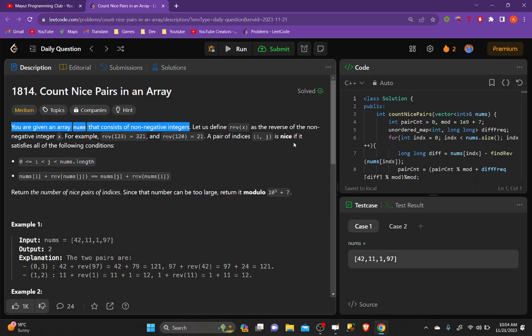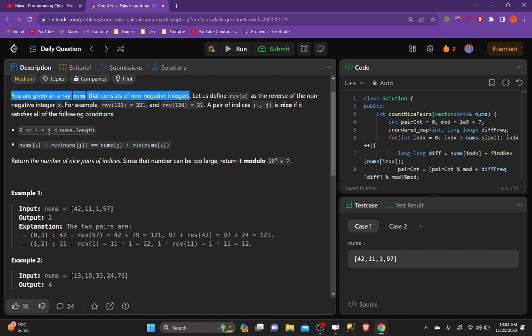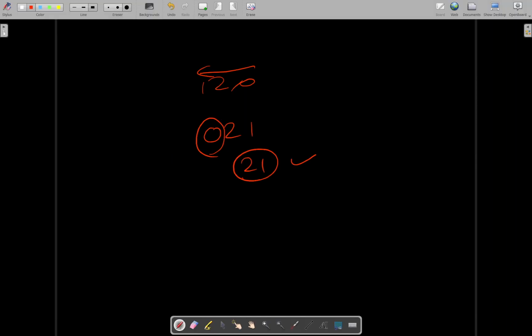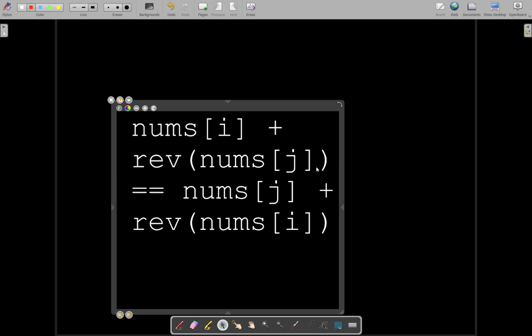A pair of indices is nice if it satisfies the following conditions. What are the conditions? The ith index, the first index, should be lesser than the second one, and this condition should hold. The condition is that this is the condition.